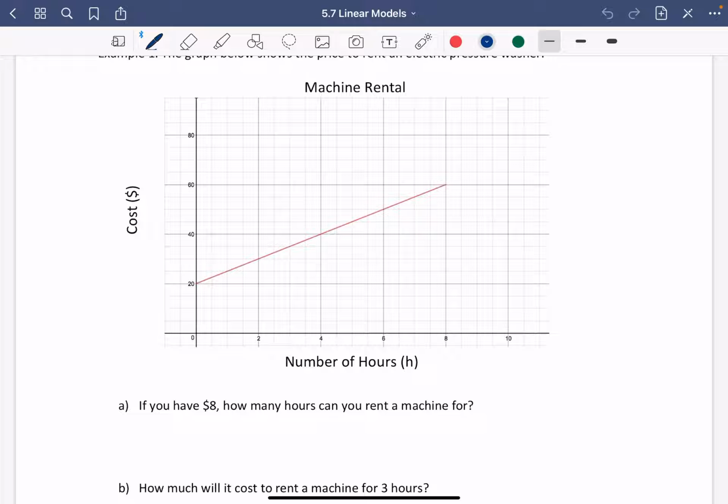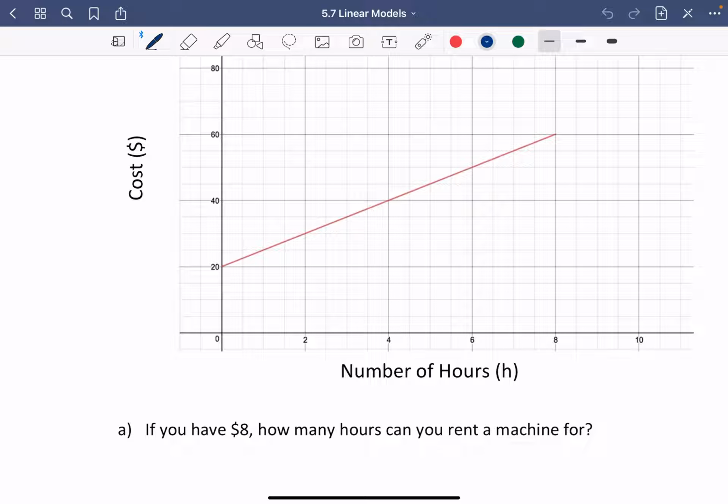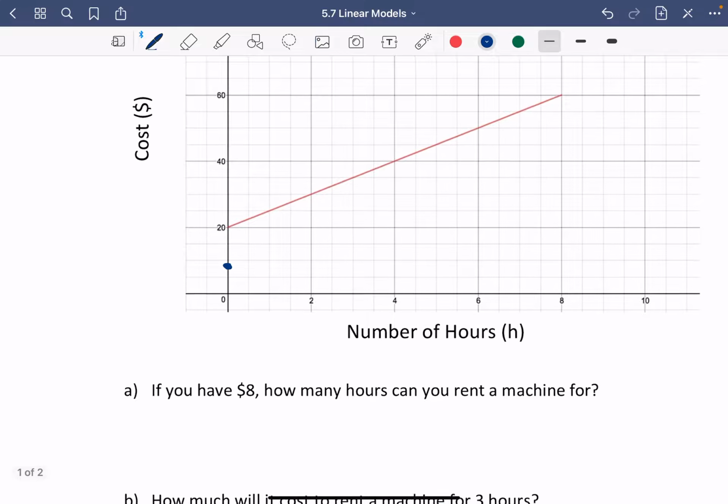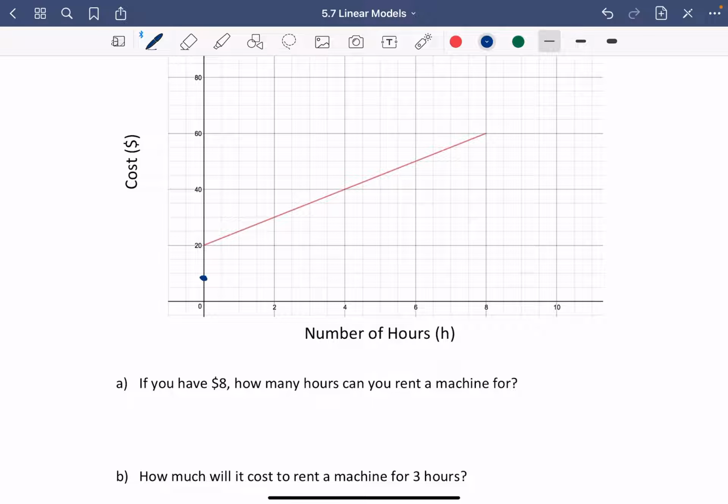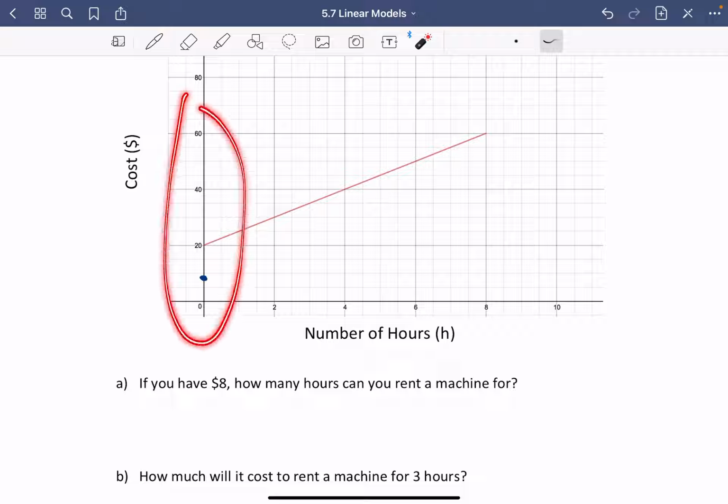And so what is $8? Well, each unit here is 5, so $8 is somewhere around here, almost $10. If you look at the graph here, the minimum you need to have is $20.